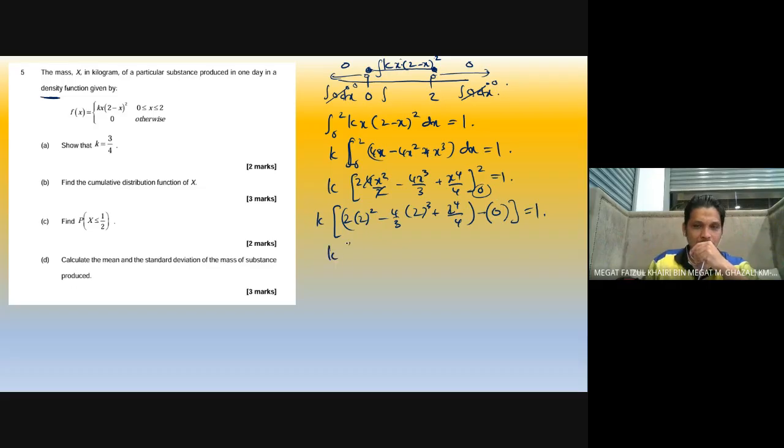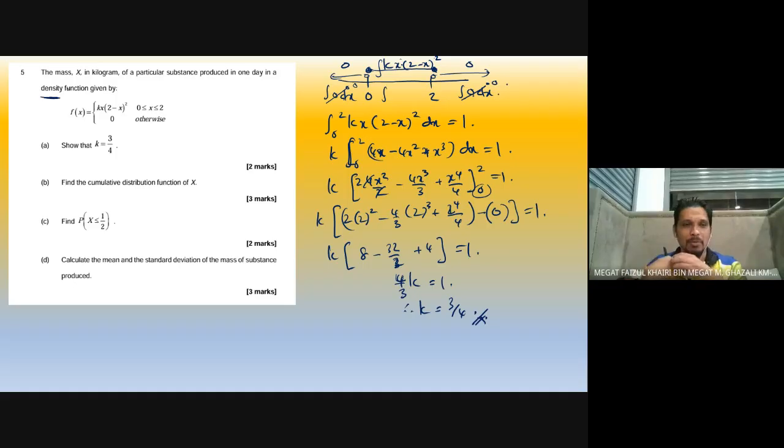So k, you get 8 minus 32 over 3, and then plus 4. Add everything together and you get k times 4 over 3 equals 1. Then k is 3 over 4.